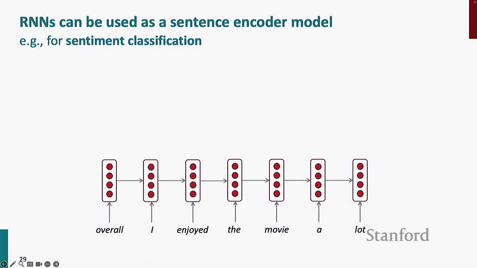You can use an RNN as an encoder model for a whole sentence. If we want to do sentiment classification to see whether a piece of text is positive or negative, we can run an LSTM over it and then use this as a representation of the sentence to work out whether it's a positive or negative piece of text.